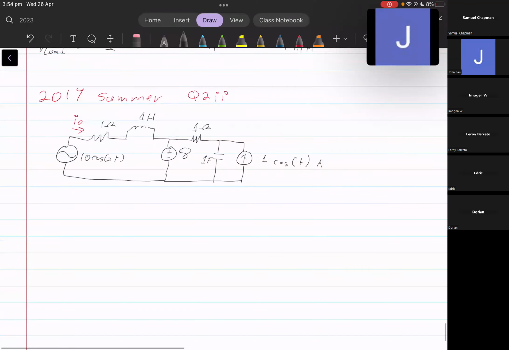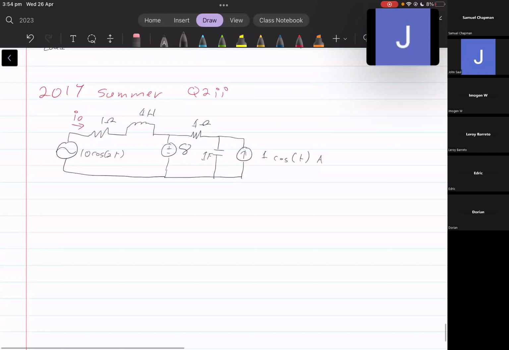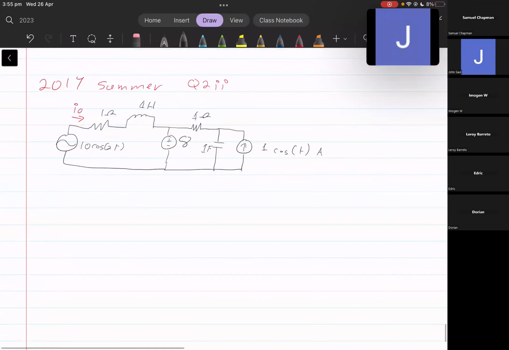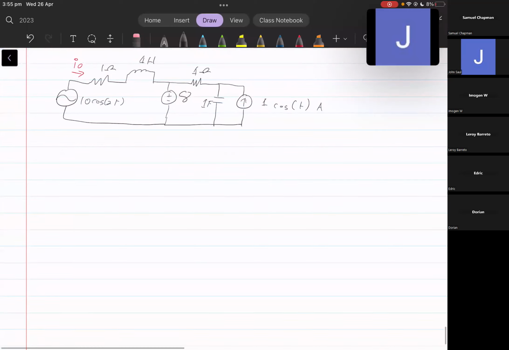Okay, so what frequency should we use for that? There's also a 1 hertz, so there's also a half a hertz here. So we'll turn off 2 of them.